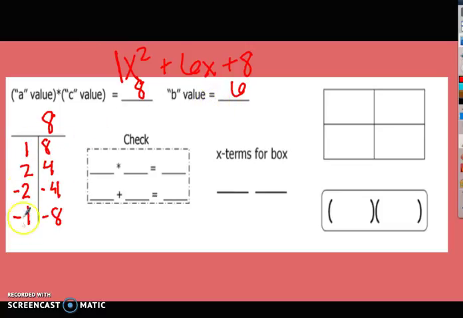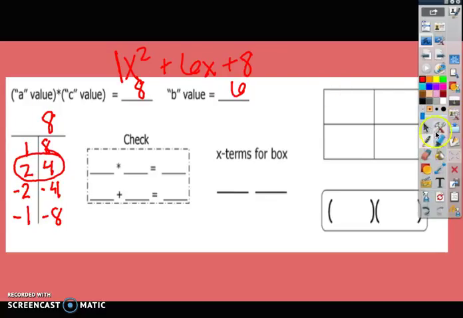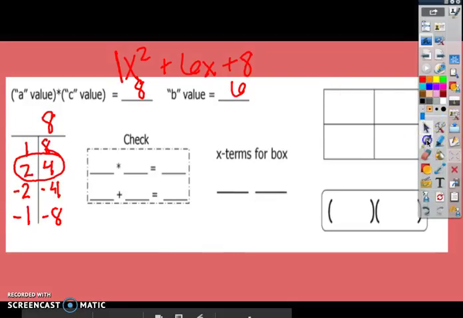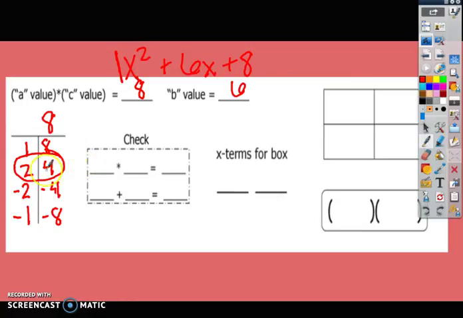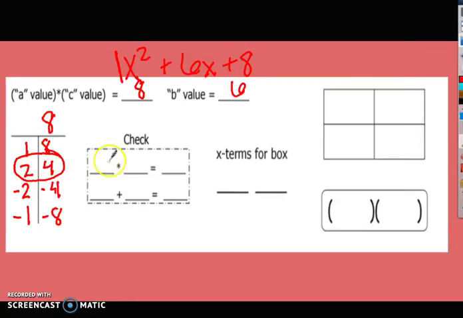Okay, so all of these factors multiply to a times c, but which of them add to b? 2 and 4. Okay, so 2 and 4, right? 2 times 4 gives me 8, 2 plus 4 gives me 6. So these work.